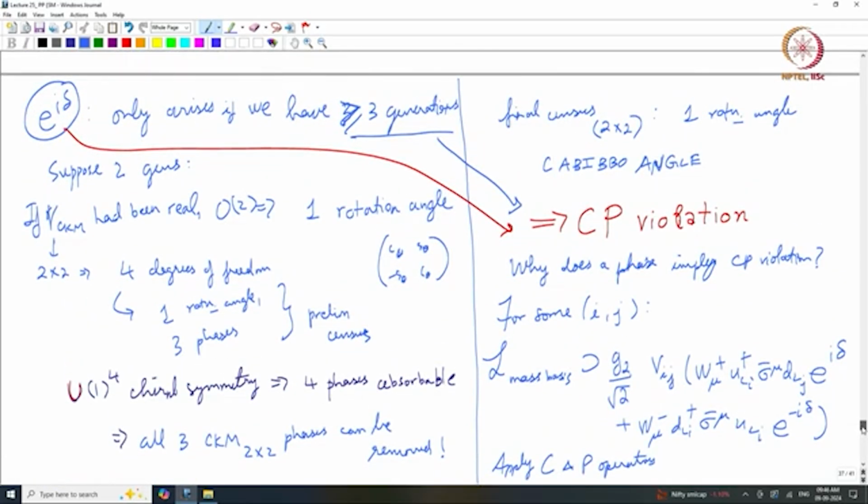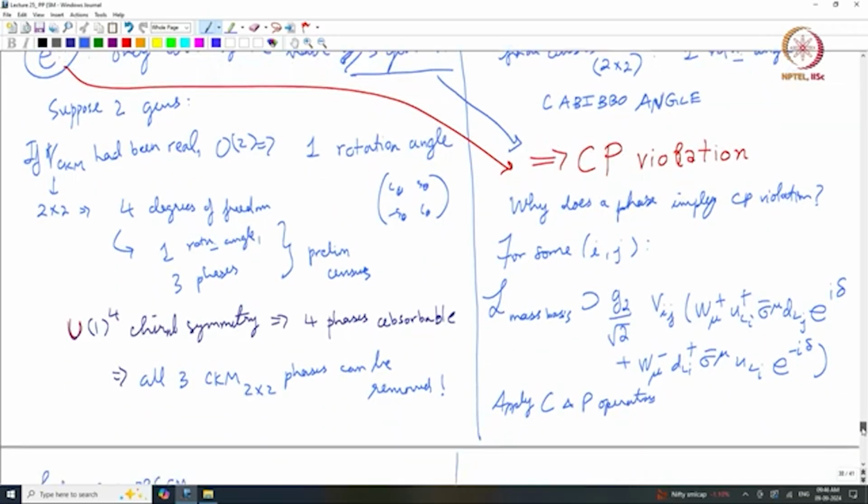This is very crucial because we keep saying phase, but physically that phase is nothing but a parameterization of CP violation in the weak sector. Okay. And we just began to see why having an e to the i delta phase corresponds to CP violation in the Lagrangian.